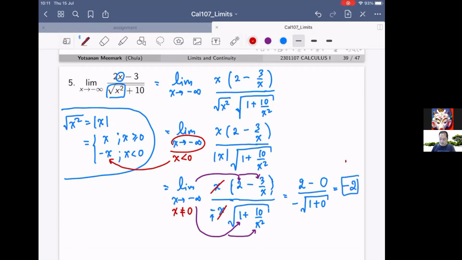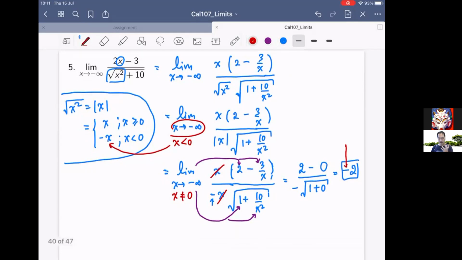And this one is the one where most of you will make a common mistake, because right here at this step, instead of using the square root of x squared becoming the absolute value of x, and then seeing how the absolute value of x changes, the thing may make you go in the wrong direction.